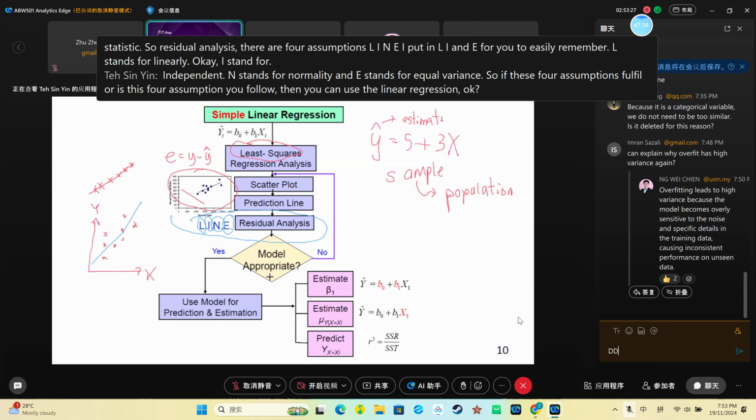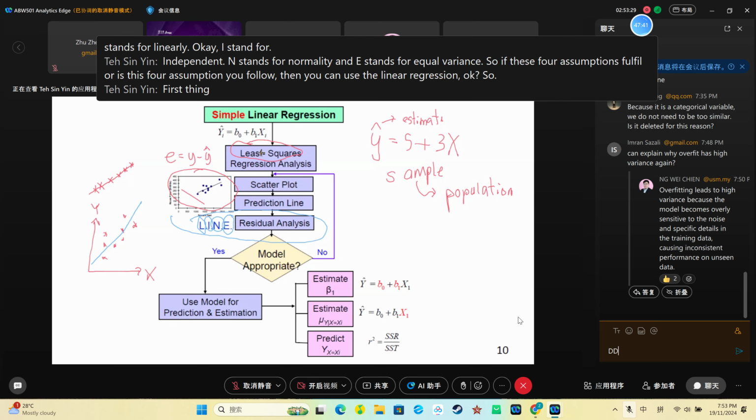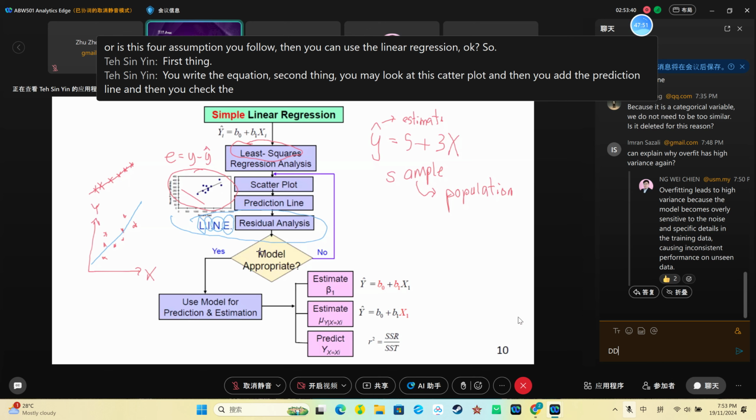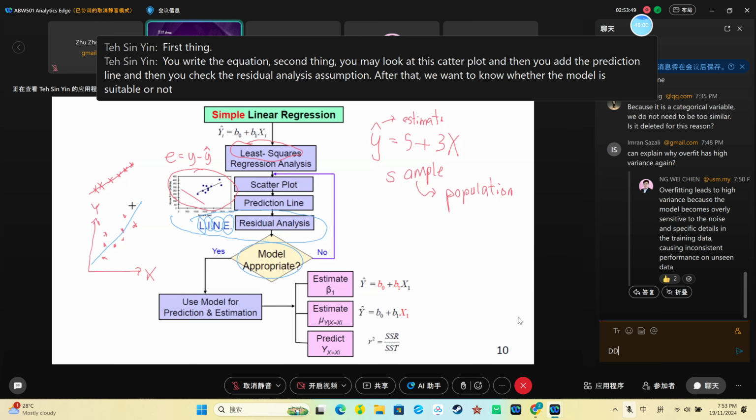So first, you write the equation. Second, you look at the scatter plot, add the prediction line, and check the residual analysis assumptions. After that, we want to know whether the model is suitable or not, whether this straight line model is suitable.